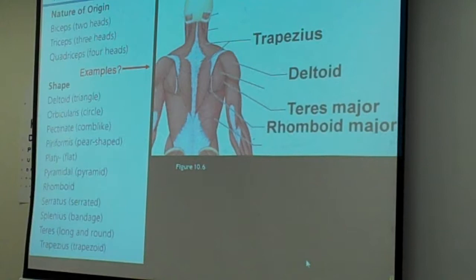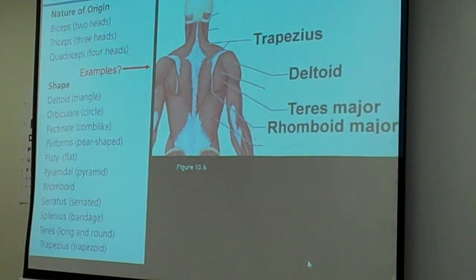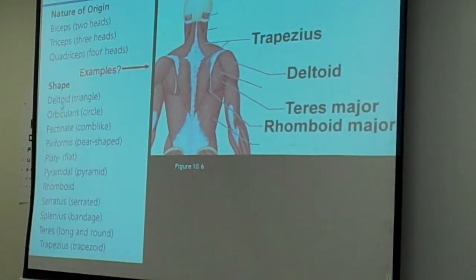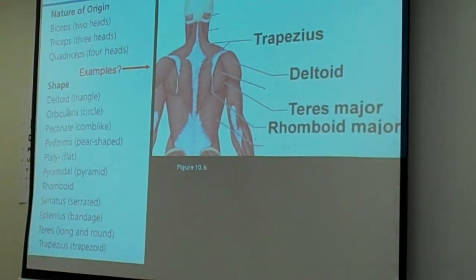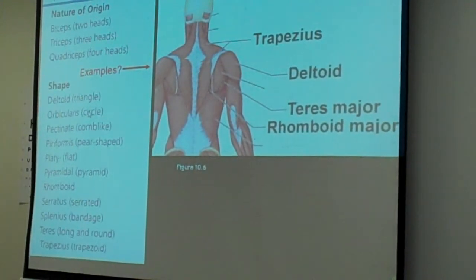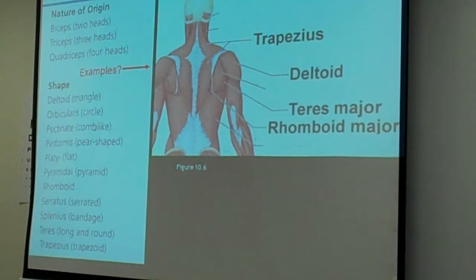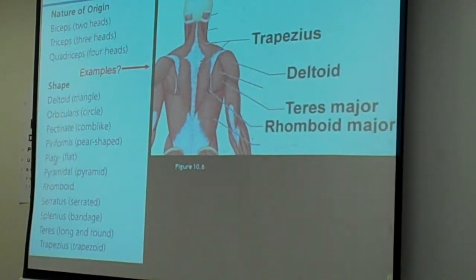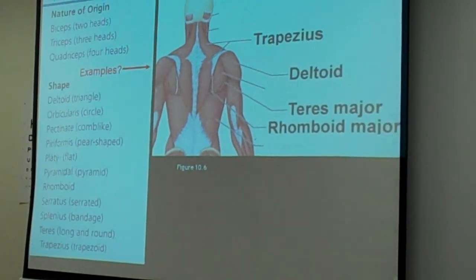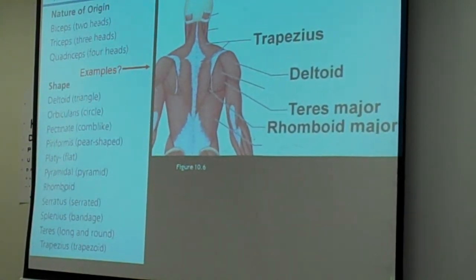The shape. And there's lots of these. Here's a whole list right here. Deltoid is triangular, orbicularis circular, pectinate comb-like, piriformis pear-shaped, flat, pyramid.